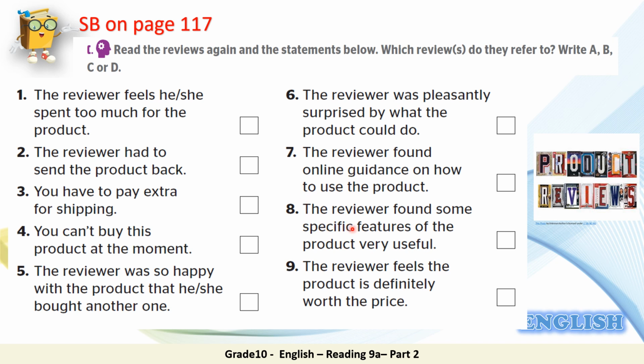The reviewer found some specific features of the product very useful. Which features, which product, and which reviewer found the product very useful? And the last statement. The reviewer feels the product is definitely worth the price. The product was expensive, but for him or for her, it was worth the price. Pause the video, go back to the reviews and do the activity, then we correct it together.